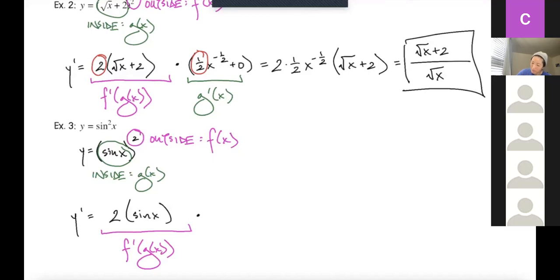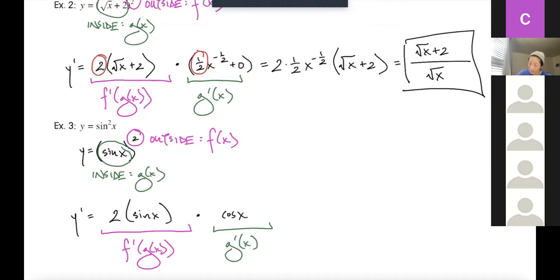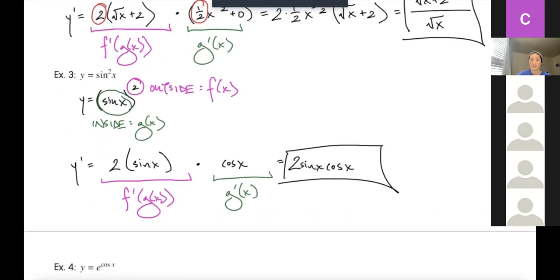And then if we multiply by the derivative of that inside piece, what is the derivative of sine x? Cosine x. Very nice. So we multiply by cosine x and we'll get 2 sine x cosine x as our derivative. Okay.